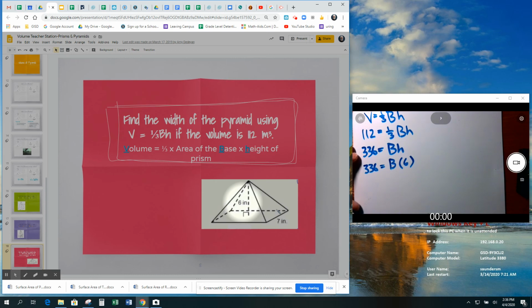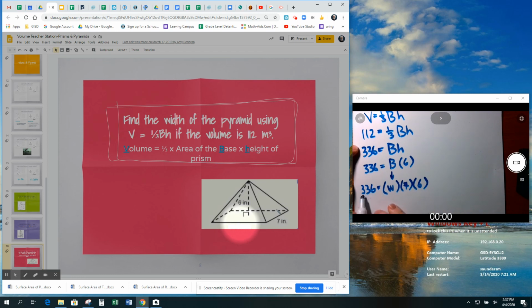I'm trying to find out what this side over here that doesn't have a label on it could be. So I know that the area of a rectangle is length times width. So I'm going to plug that into my formula for B. I'm going to say width times 7 times 6 equals 336.